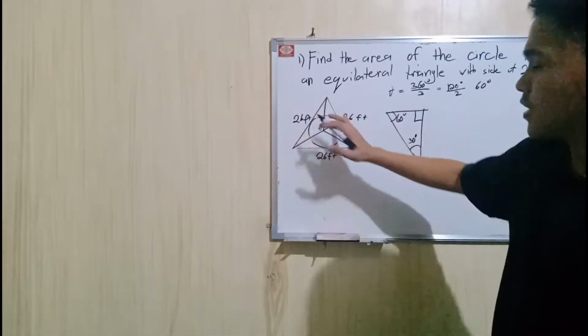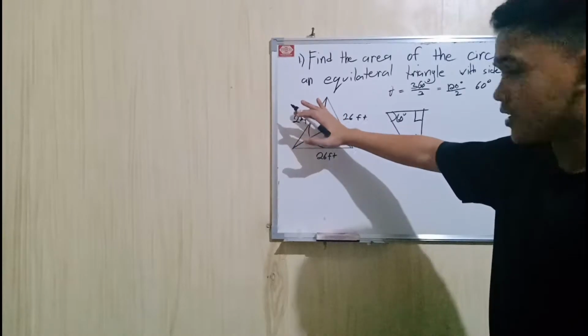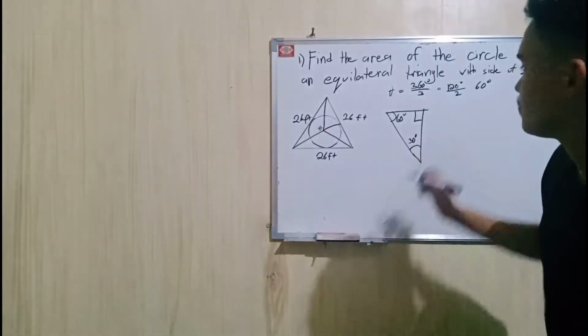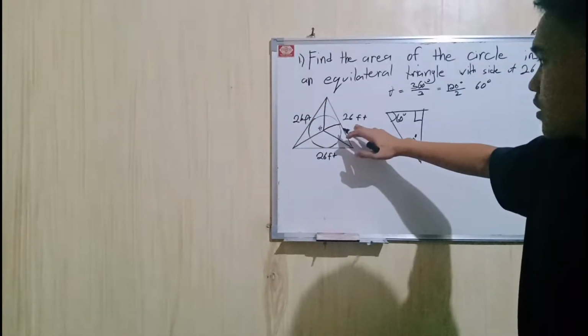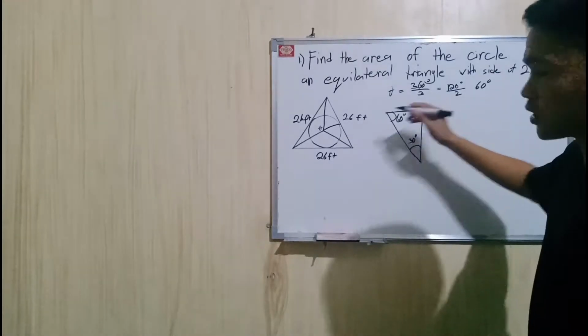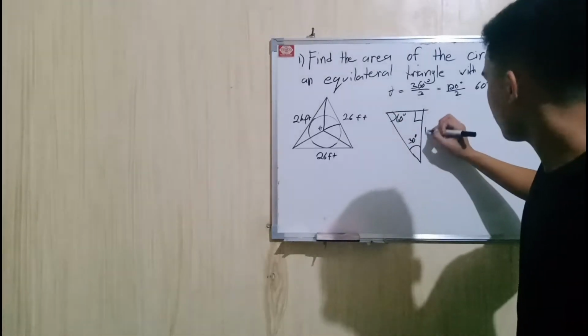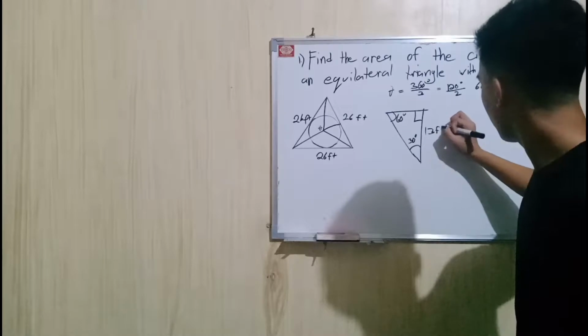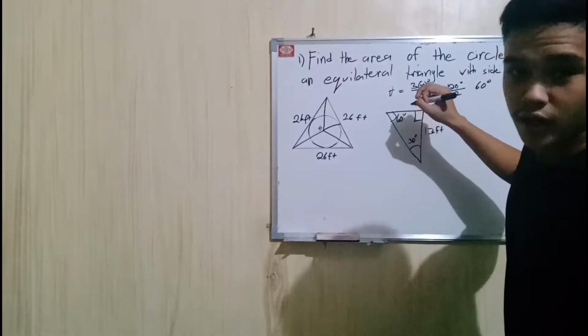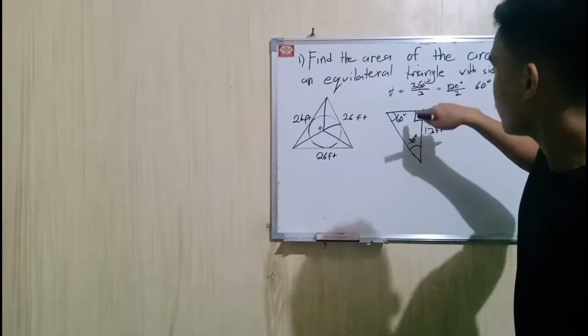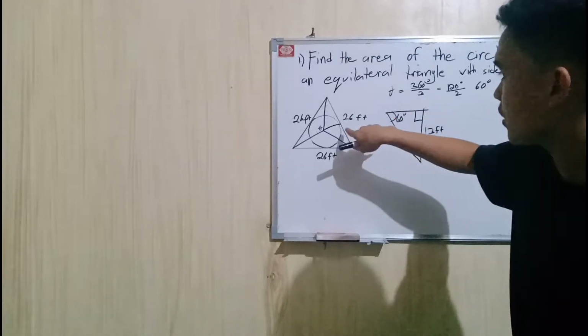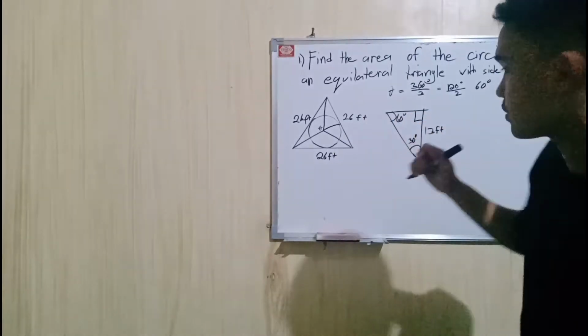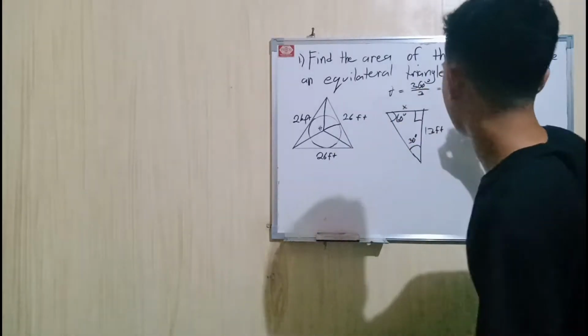Since the side of the triangle is given, we will divide the 26 into 2, so it will be equivalent to 13 feet. Then this will be the apothem of the triangle and the radius of the circle. So it's the x.